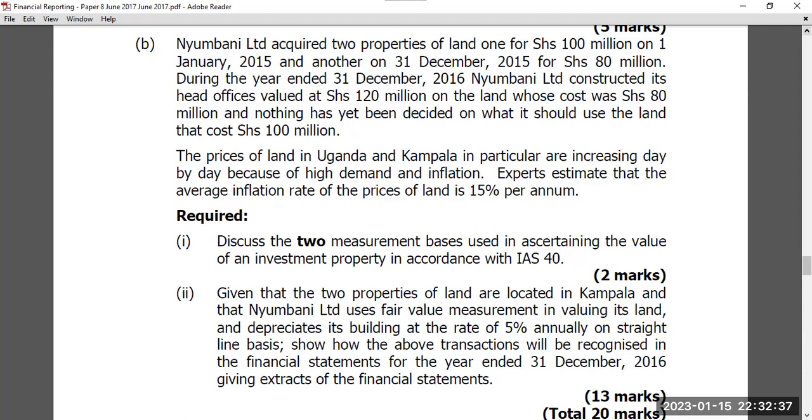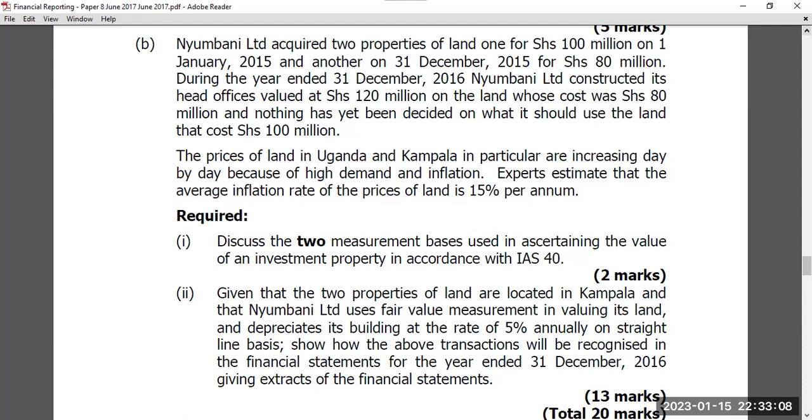After doing that analysis and you have analyzed everything, then you can go ahead and start calculating these numbers. We said one of the things you look at is the purpose. The second item you look at is the model that has been adopted by the organization to account for those assets.